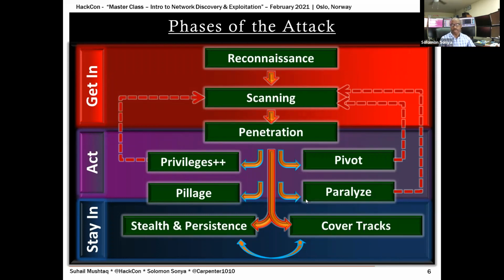Paralyze: if I want to destroy the system or computer machine, perhaps I want to cripple the individuals who are working on that network, perhaps we want to install ransomware. So I'm doing some sort of attack that paralyzes the computer, the network, or the people until some action is provided. That's some sort of paralyzation attack.